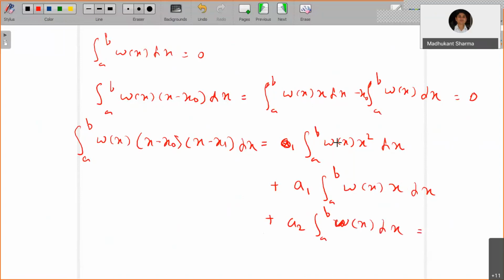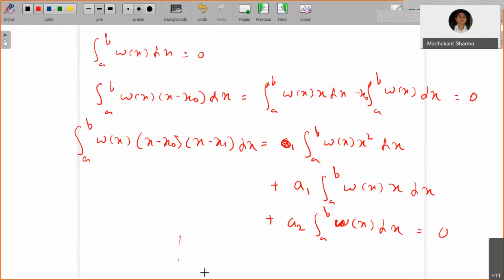But you know that the integral of w of x times x to the power j is 0 whenever j lies between 0 to n. So the first integral is 0, the second is 0, the third is also 0, so it turns out to be 0, and so on.